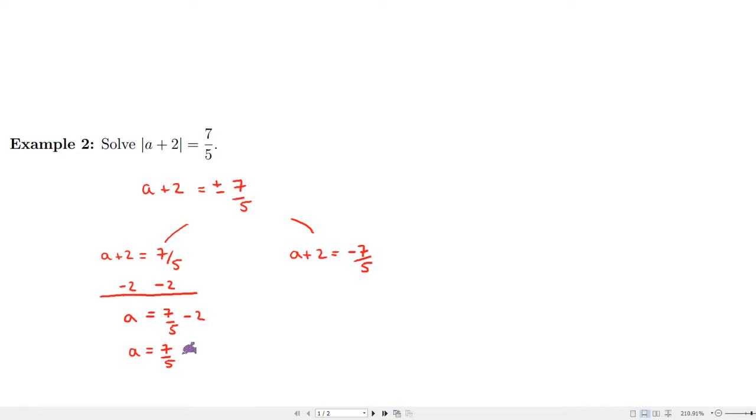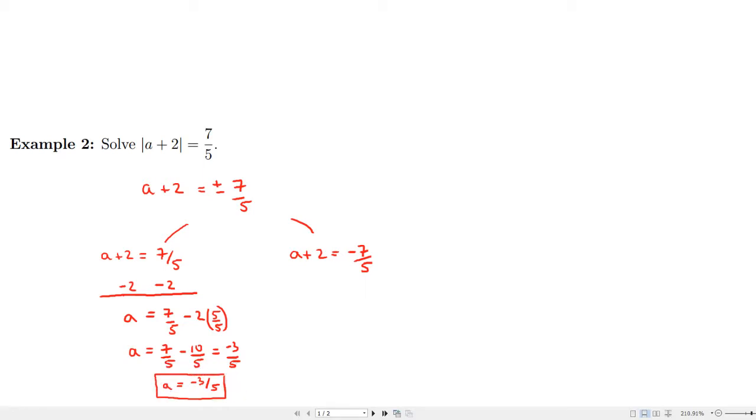I'm going to have to make a denominator of 5, so I'm going to have to multiply this by 5 over 5, get negative 10 over 5, so that'll be minus 3 over 5. Okay, so that's one of the solutions. A is minus 3 over 5.